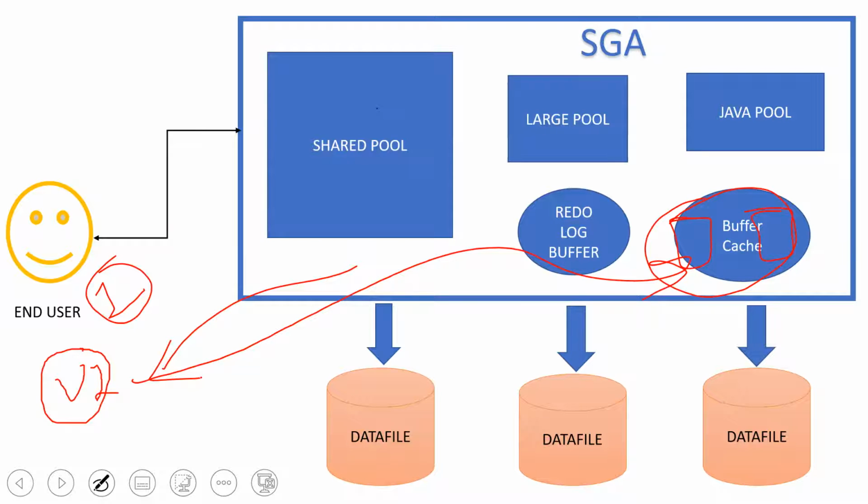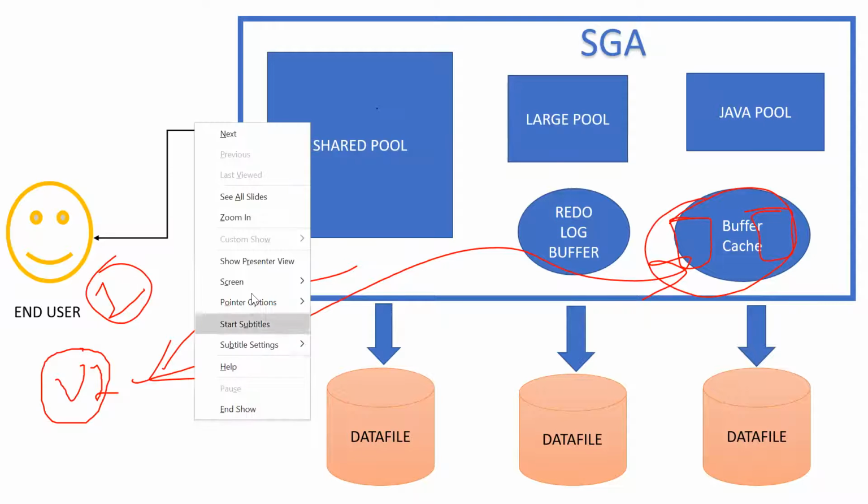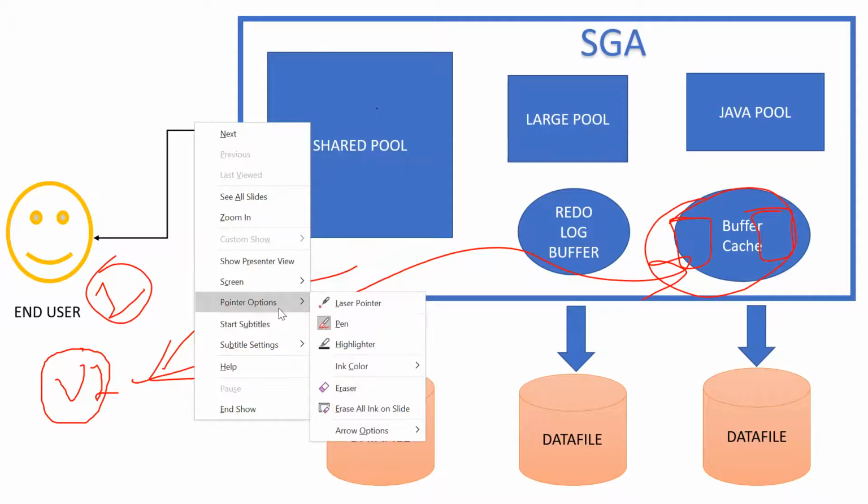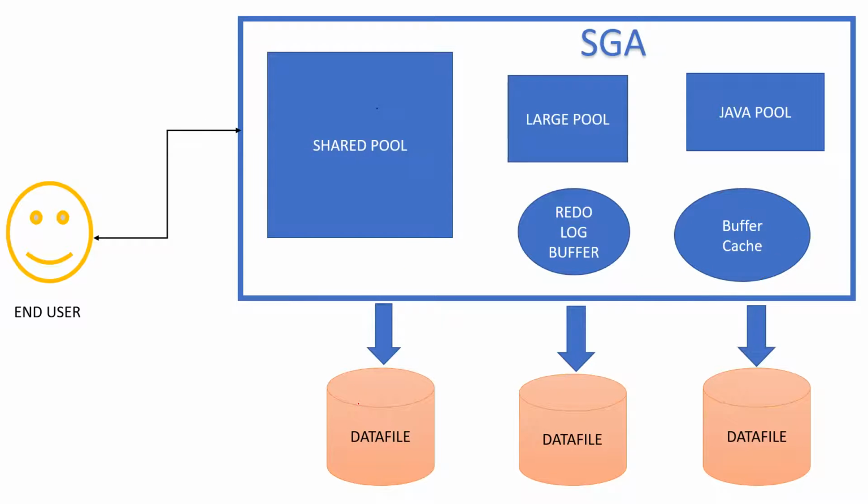That wait event is called the buffer cache related wait event, because he's trying to modify the blocks which are in the buffer cache, and they are already used by end user one. So this scenario is related to your buffer cache modification. Let me clear this out. I hope you understood what buffer cache related wait events are.